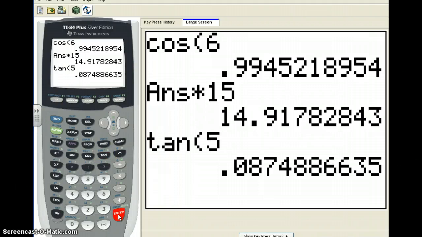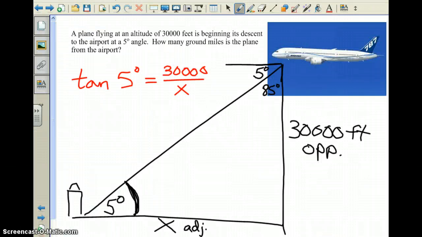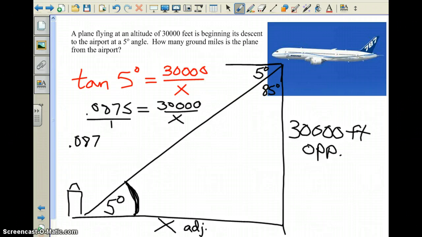Which is 0.0875. And then I'll put this over 1, and we can cross multiply and get 0.0875x is equal to 30,000.